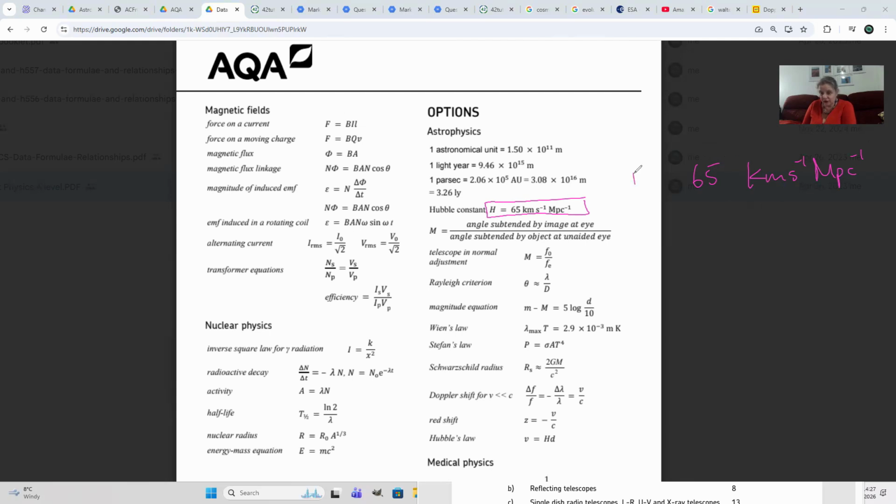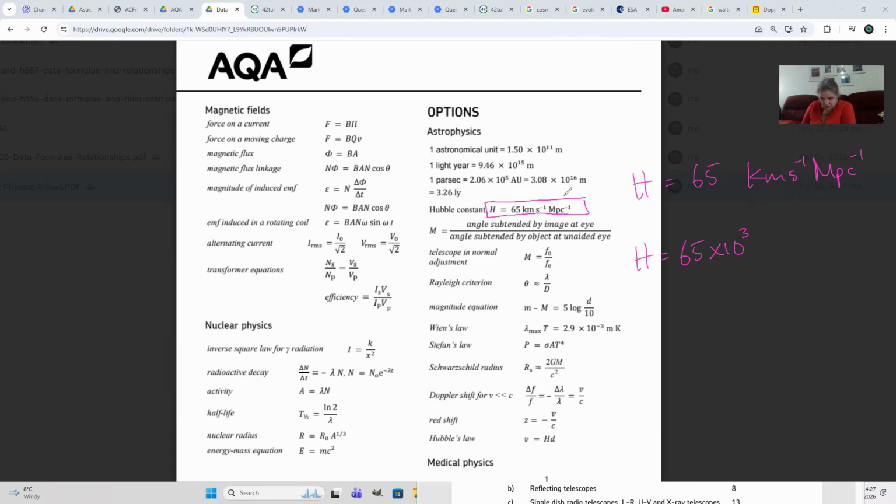So this is h, and we're going to first of all convert it into seconds to the minus 1. So h then is 65. Now we're going to put it in meters, so it's in kilometers at the moment, so we need to multiply it by 10 to the 3. Okay, now it's in kilometers per second. Okay, and it's per megaparsec.